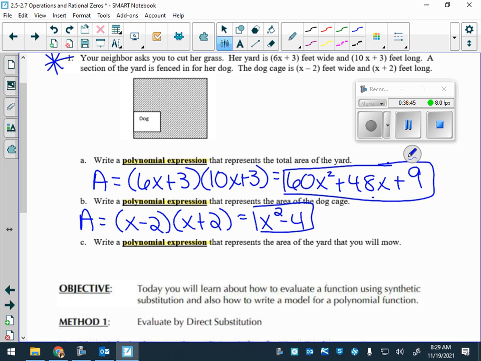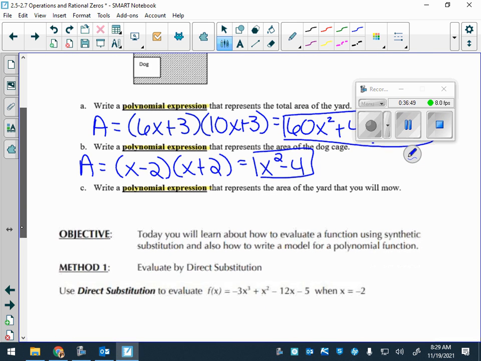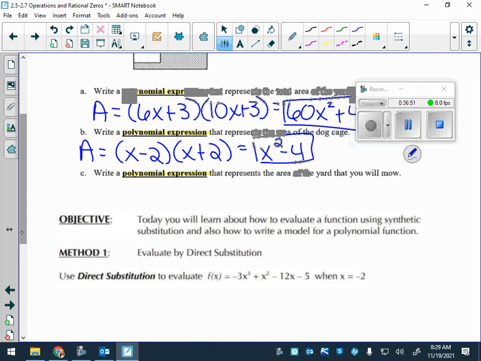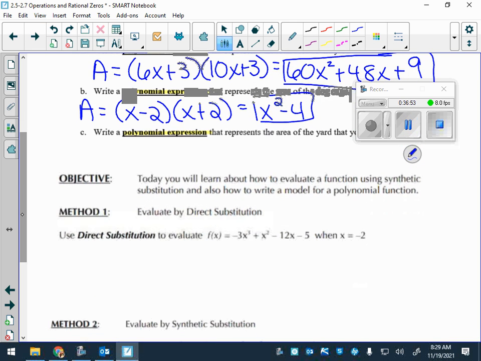Then write a polynomial expression that represents the area of the yard you will mow. So what does that mean? Hannah? Perfect.